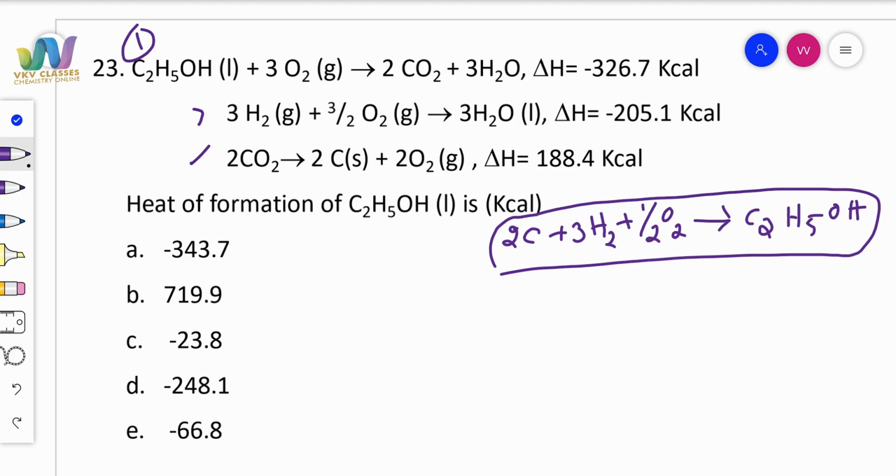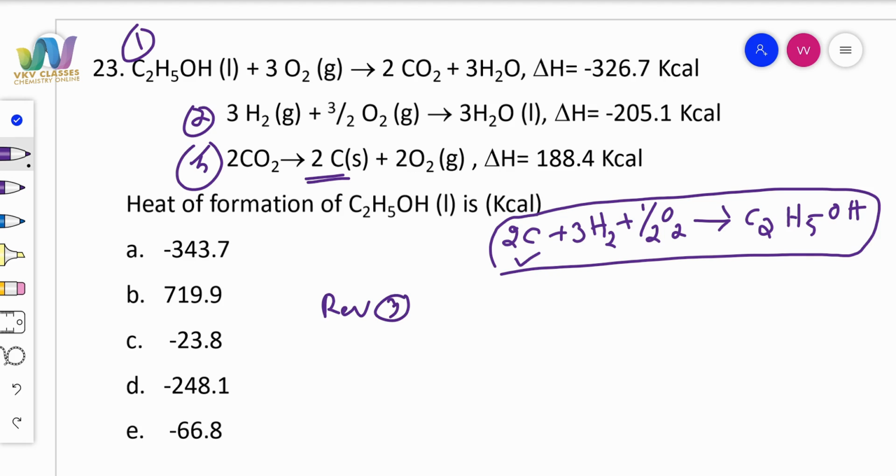So this is equation 1, this is equation 2, this is equation 3. So from 3 equations we have to get this one. Accordingly, first thing that we require is 2 carbon atoms. 2 carbon atoms are present in the third equation, but it is coming as a product. So you have to reverse equation 3. That is the first thing that we have to do.